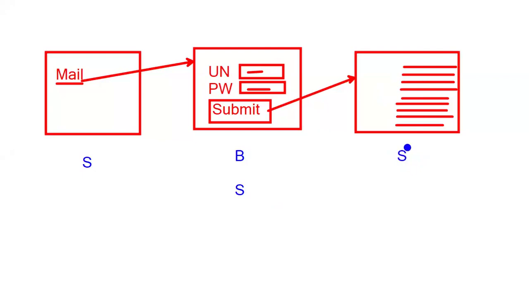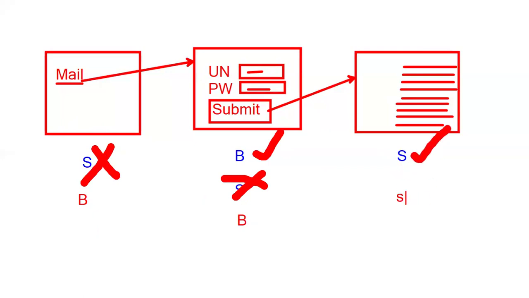Seeing your answers, what I understood is you guessed; some answers matched, some did not. The actual answers are: this is browser, your answer is wrong. This is browser, okay, it is wrong. Here server, it is right.